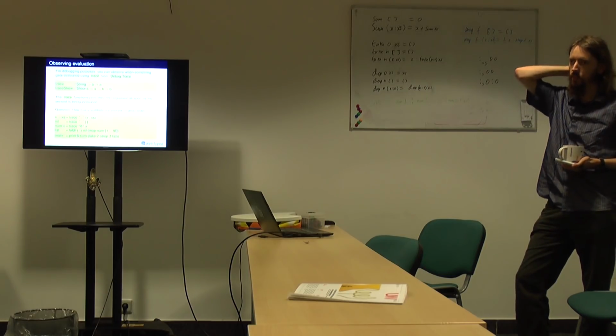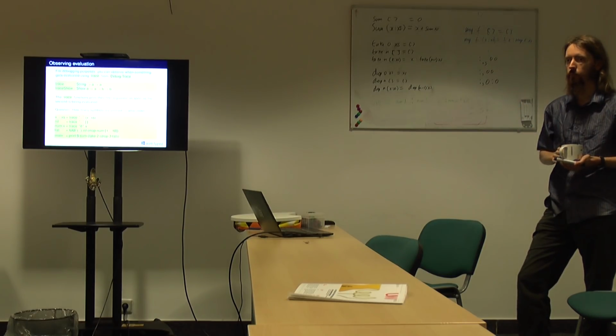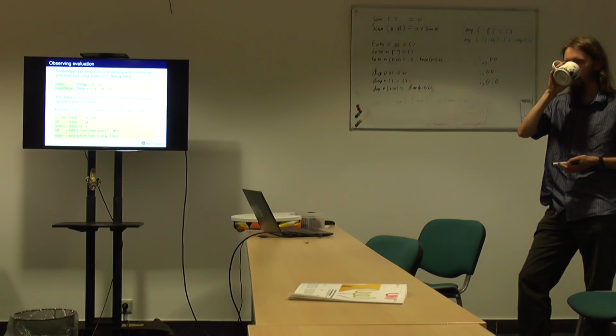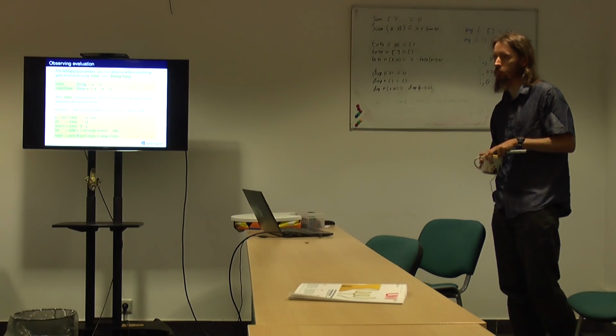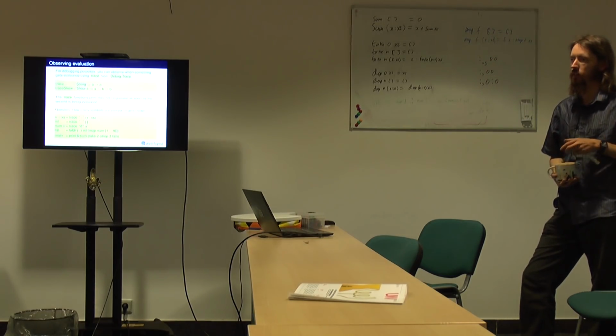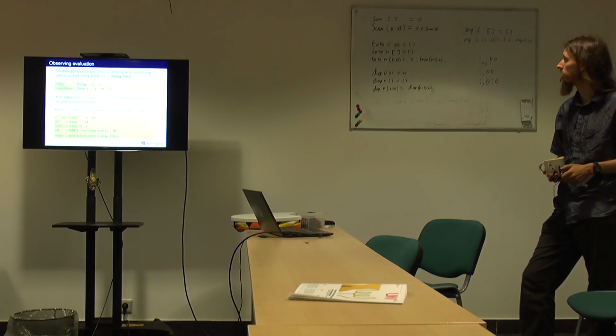Yep. And then we've got to evaluate, because we've got the list of the length of 2. That's why these zeros. Yeah. Since sum pattern matches on the empty list, why there is no dot?